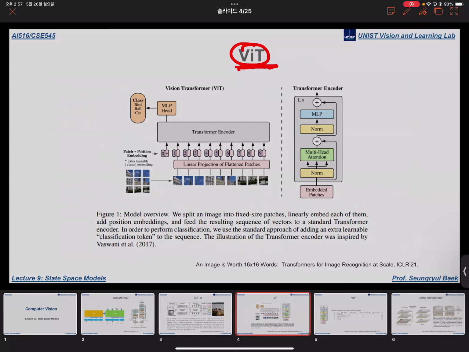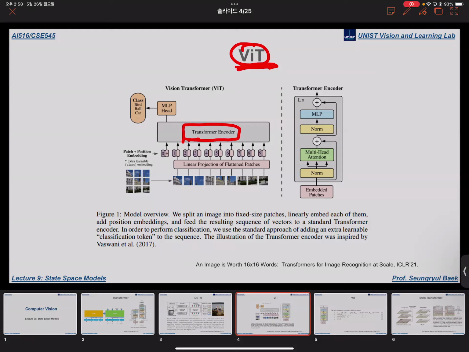You have to remember that ViT has just the transformer encoder architecture. It does not have a decoder. It only has the encoder architecture, and its operation is almost similar to that of the transformers applied in the text domain. ViT is an abbreviation for Vision Transformer.